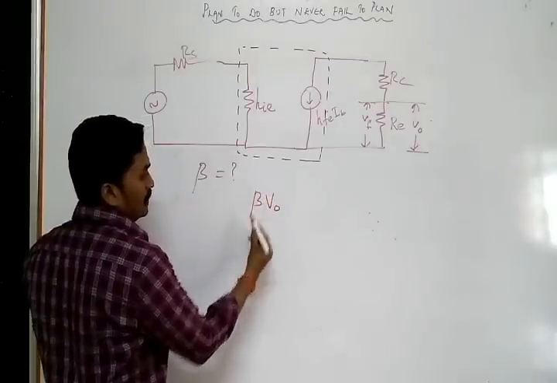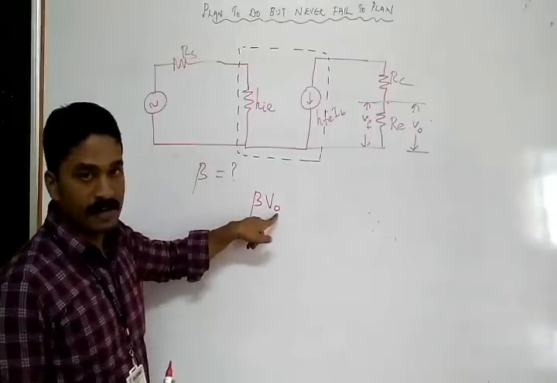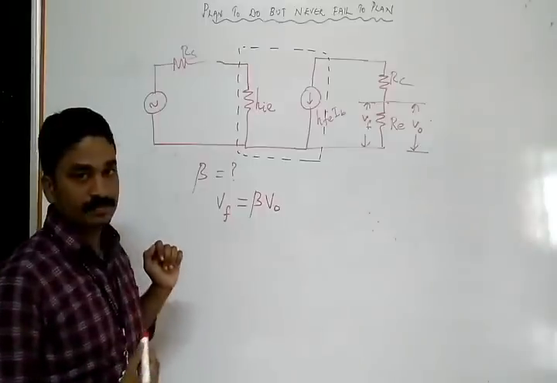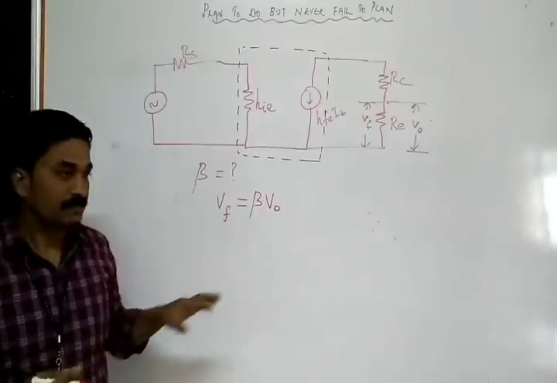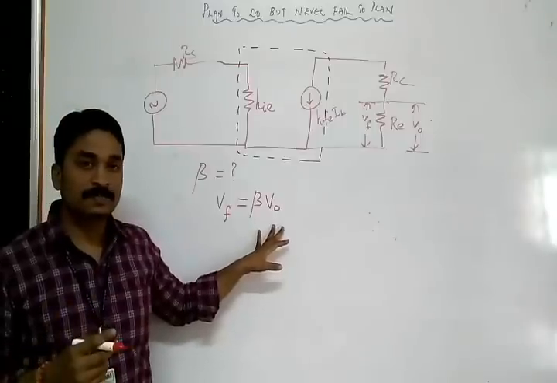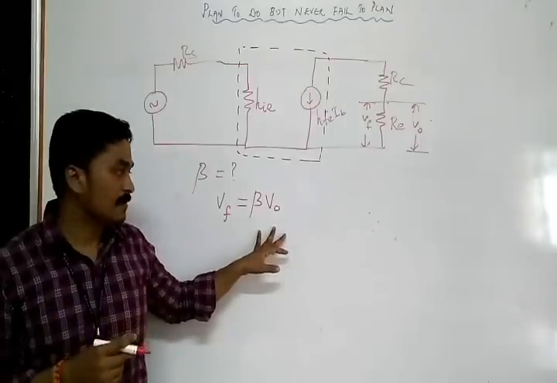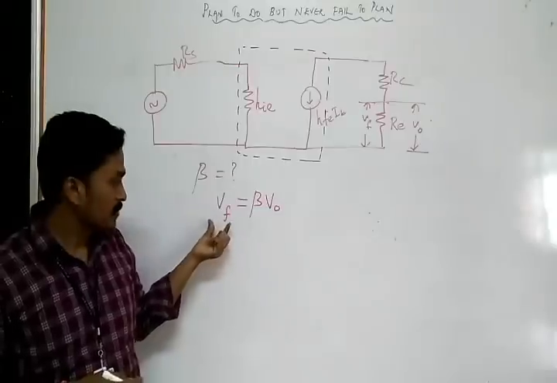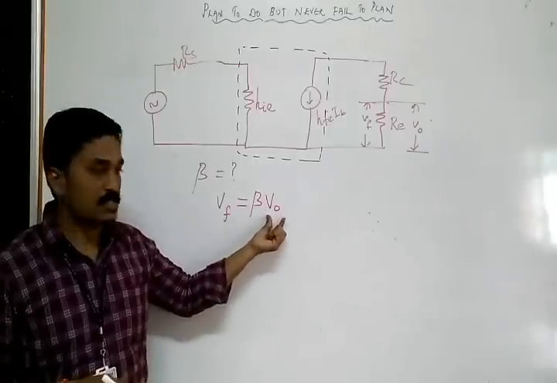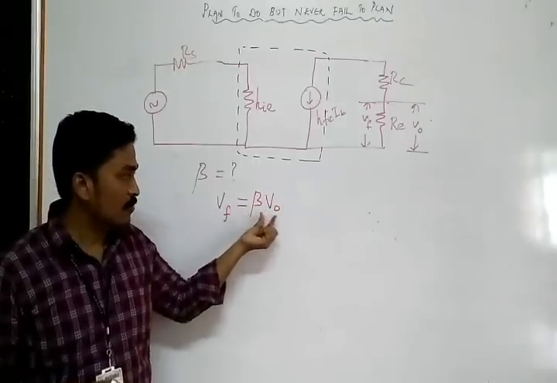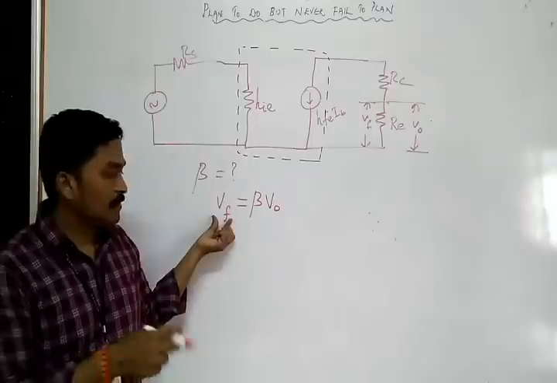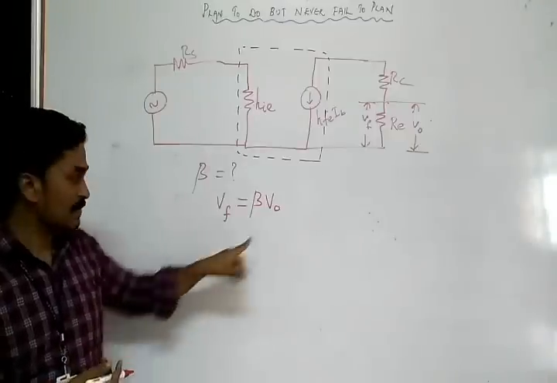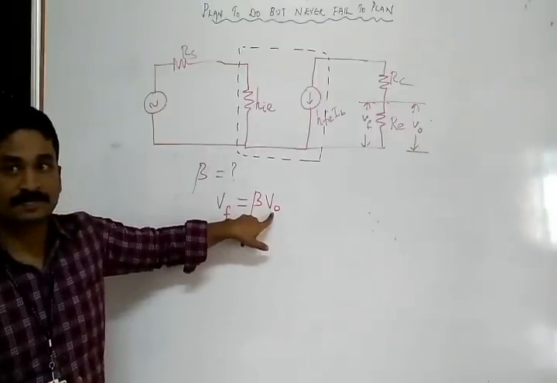And this beta will decide the amount of feedback that should go to the input side. Are you clear? I have told everything in the very first lecture, the introduction about the feedback amplifier, that beta decides the amount of feedback to the input side. This is your feedback and this is your output voltage. So because of this beta value, part of the output signal will go to the input side as a feedback voltage. Since it is voltage sampling, we have to consider V0.